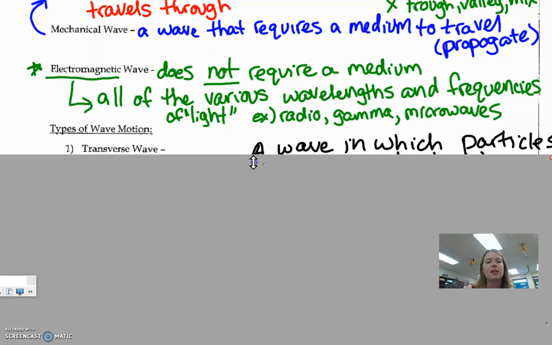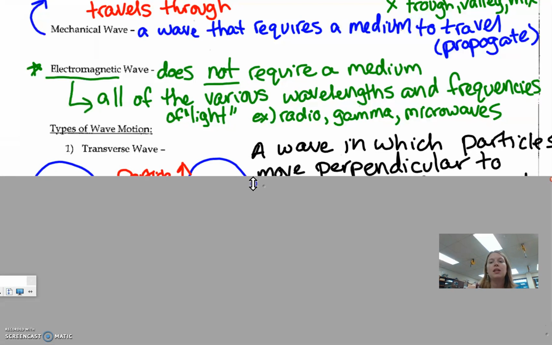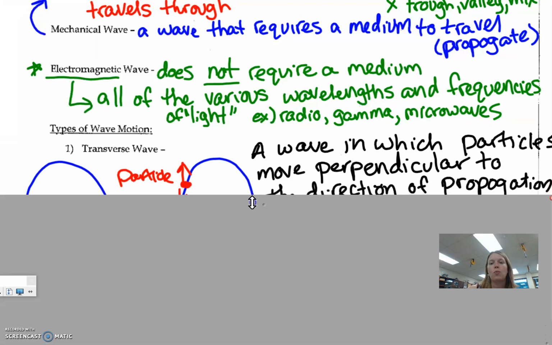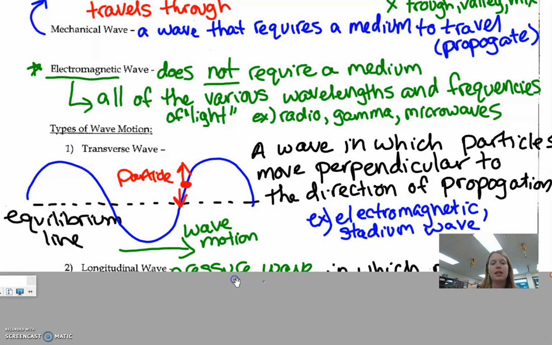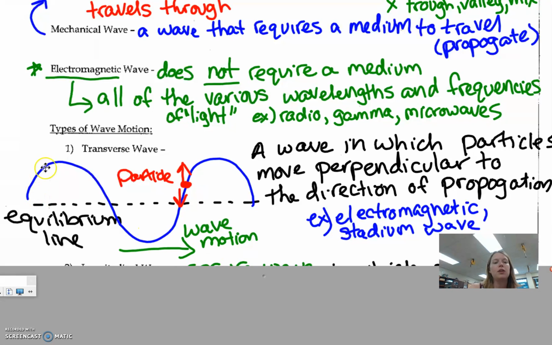One is called transverse wave motion, and trans means kind of like opposite. In this case, the wave travels in one direction, so it propagates, again, that fancy word for travel. The energy moves in this direction, but the particles move up and down.